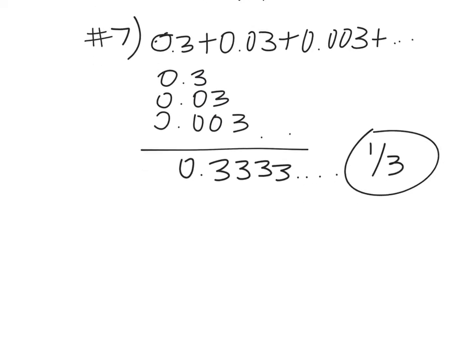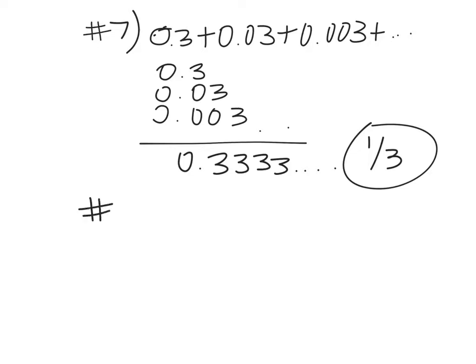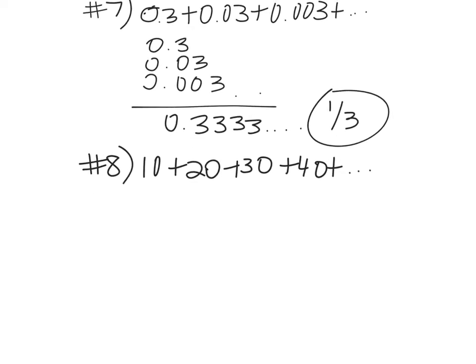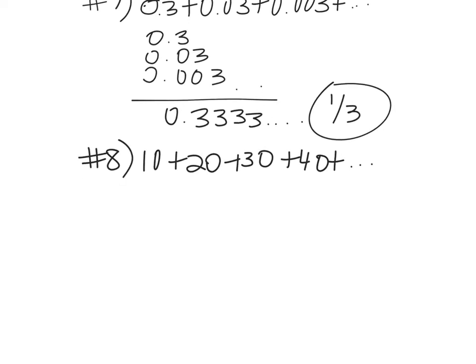All right, the book's going to talk about partial sums, so I want to bring that up real quick. And then we'll do some of the infinite, and then we'll be done. So we have 10 plus 20 plus 30 plus 40 plus ... Okay. Obviously, this series is going to diverge. The numbers just keep getting larger and larger.